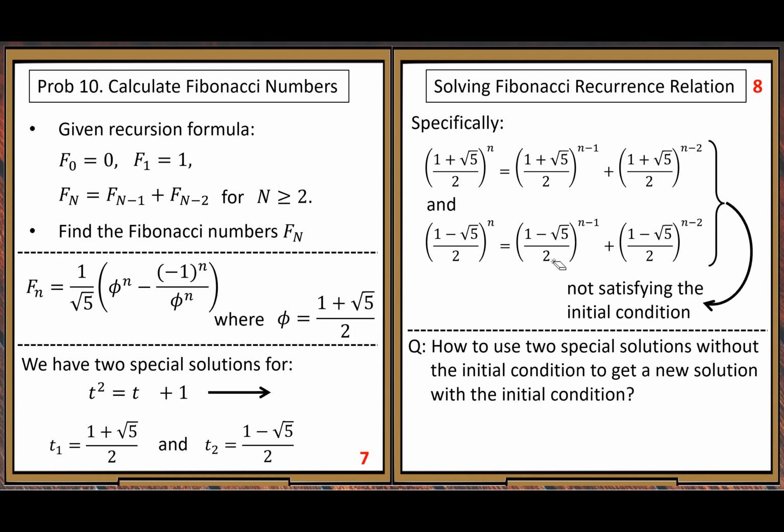Let's look at that part. Question: how do we use two special solutions without the initial condition to get a new solution with the initial condition? This is our new question.